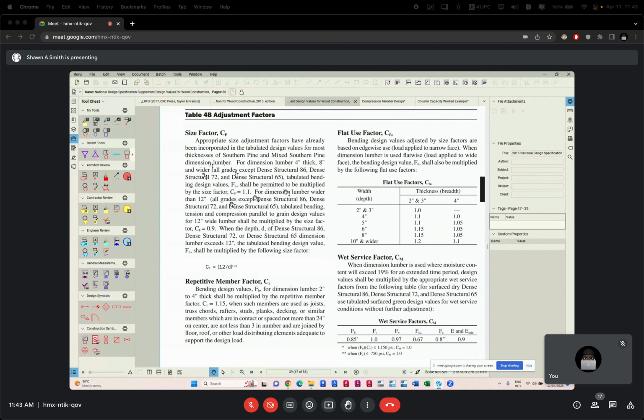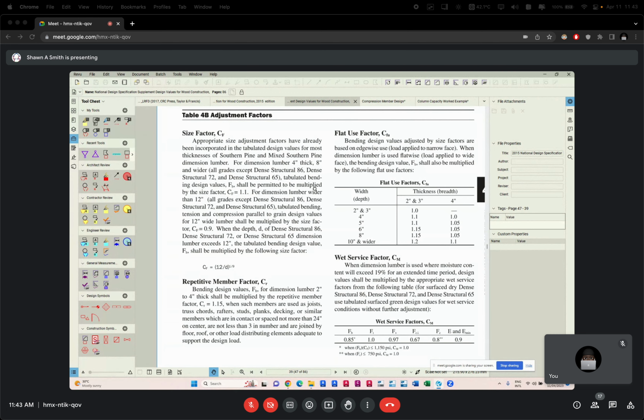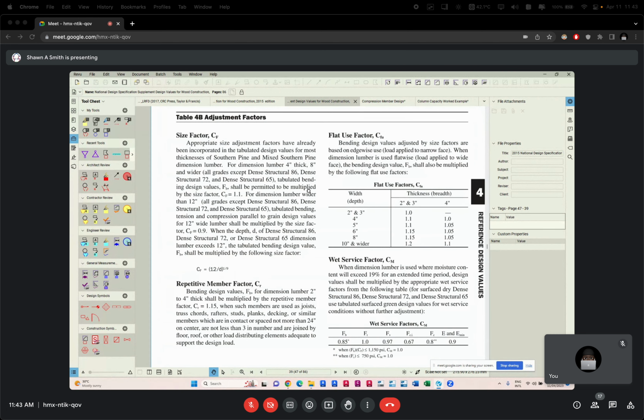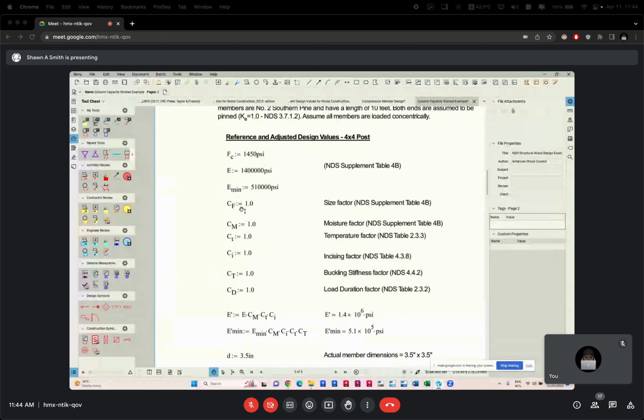For dimension lumber wider than that, all right, so for 4 inches thick, 8 inches and wider, all grades except dense, tabulated FB shall be permitted to be multiplied by a CF factor of 1.1. Well, this is saying 1.1.